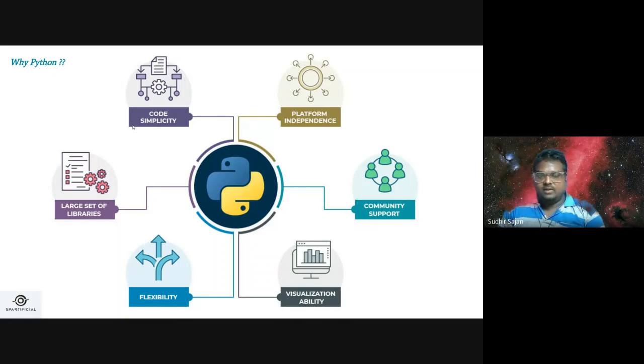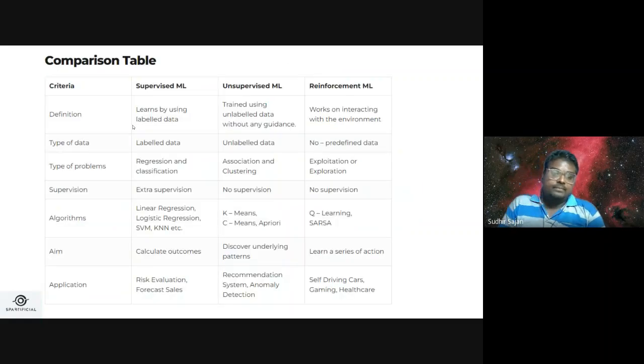Deep learning is a subset of AI. So Python obviously supports data science. Why? Because of its community support, its platform independence, its code simplicity, and the availability of a large set of libraries. Python is the one we use for data science as well as for AI.